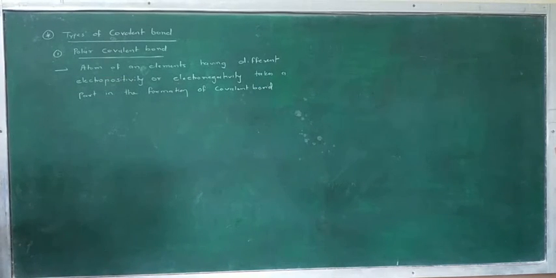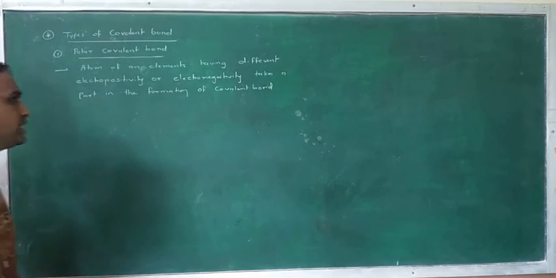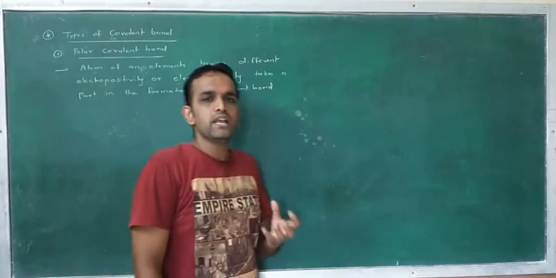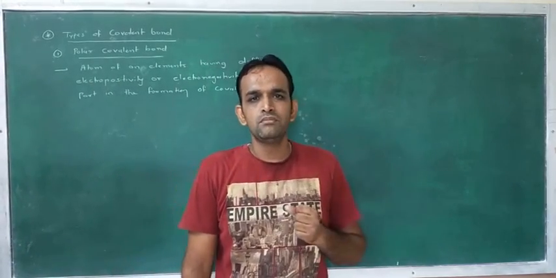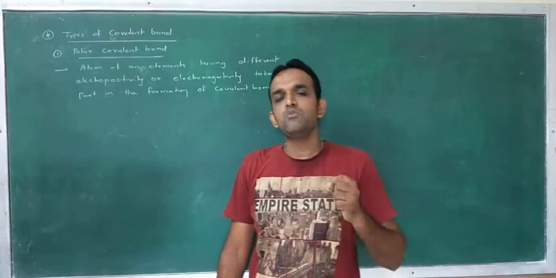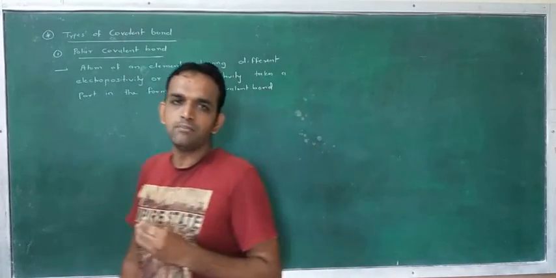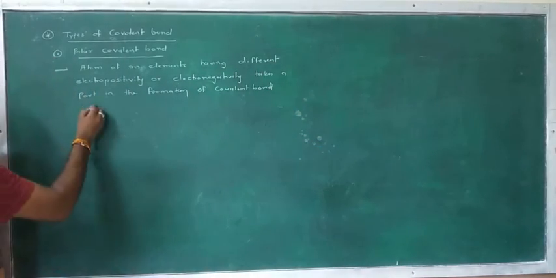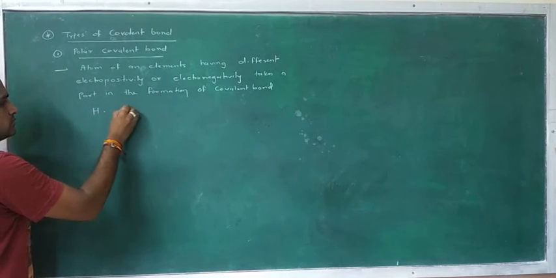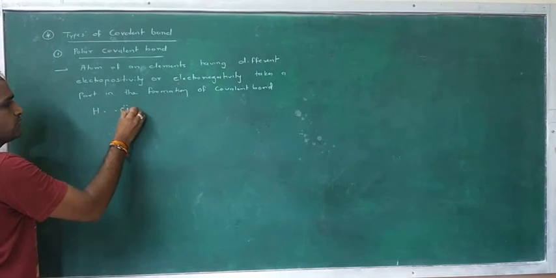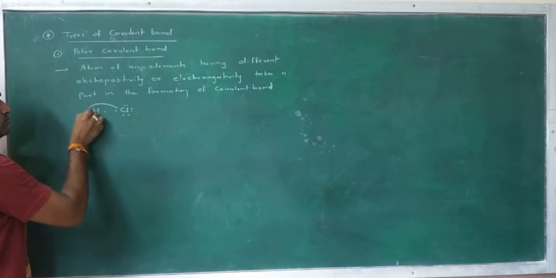This indicates that if there is a difference in electronegativity between the two atoms, then whatever bond they form is said to be polar. As for example, see here, H and Cl, 1, 2, 3, 4, 5, 6 and 7.